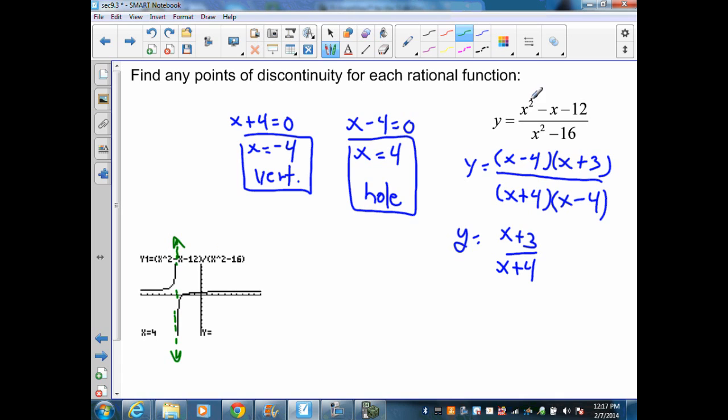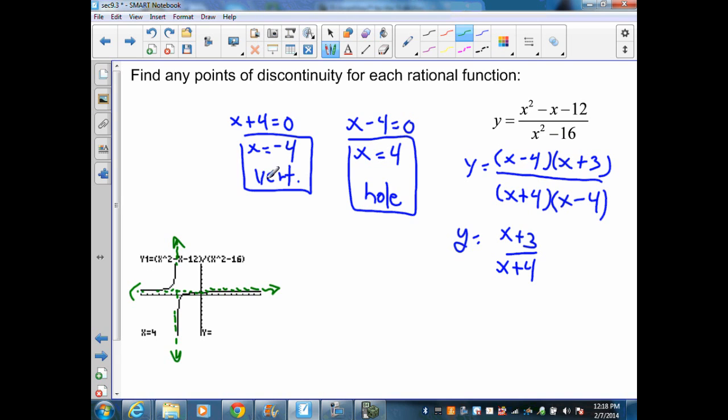As a matter of fact, since the degree of the numerator and the degree of the denominator are equal, and the coefficients of those largest degree terms are 1 and 1, y equals 1 over 1, which is 1, gives me a horizontal asymptote at y equals 1.